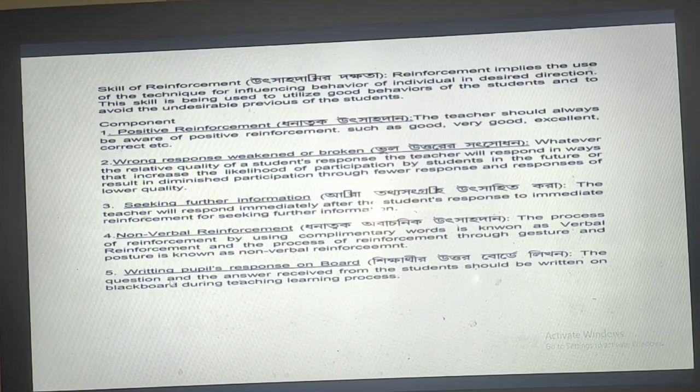The components are: positive reinforcement, wrong response broken, seeking further information, non-verbal reinforcement, and writing pupil response on board.